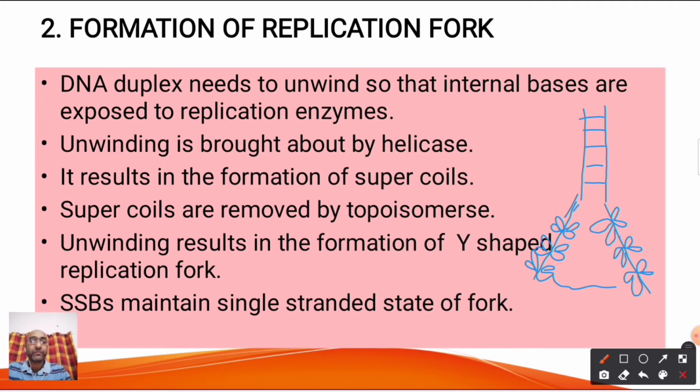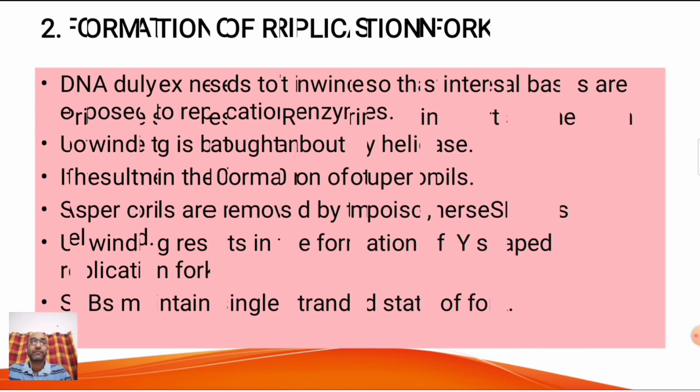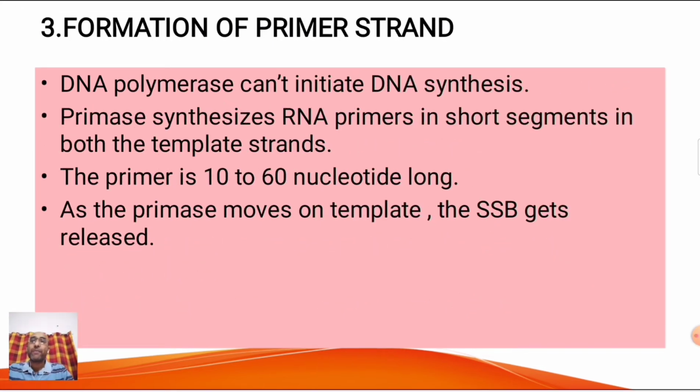Got it? Now let us come to the next slide. Formation of a primer strand. I have already told you that DNA polymerase cannot initiate DNA synthesis. It requires something more. What is that? A short RNA fragment. That short RNA fragment is called the primer, and it is synthesized by the primase enzyme. Remember, DNA synthesis occurs in both the strands at the same time, but in opposite directions.